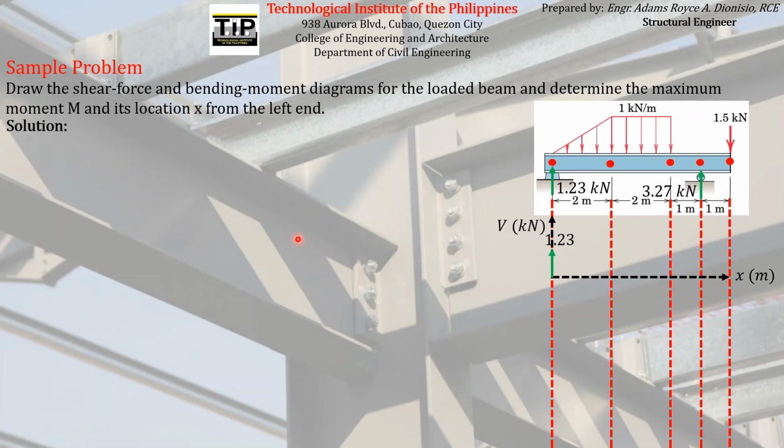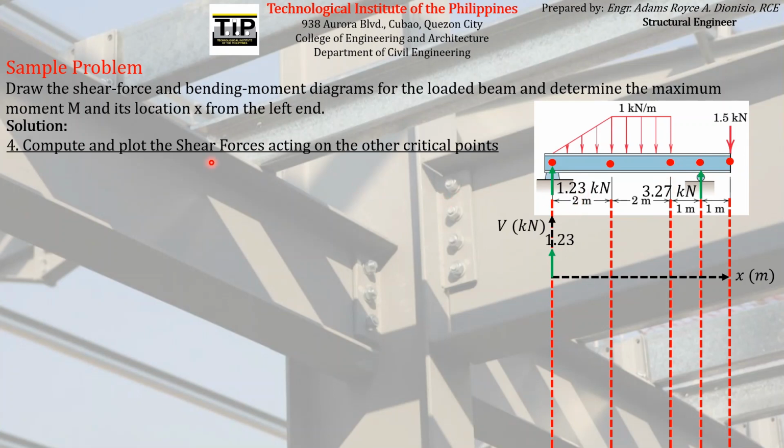The next step, the fourth step, for us to be able to draw the shear moment diagram is that we have to compute and plot the shear forces acting on the other critical points, because we already established the shear force acting on this critical point, which is the leftmost end. So the next step is we have to compute the shear forces acting on the other critical points.